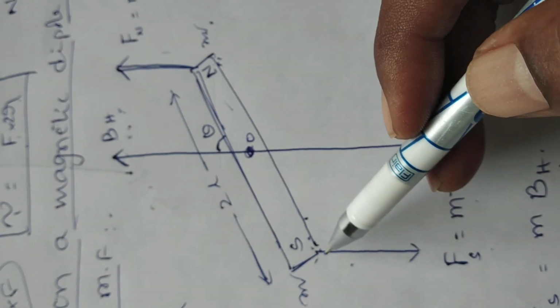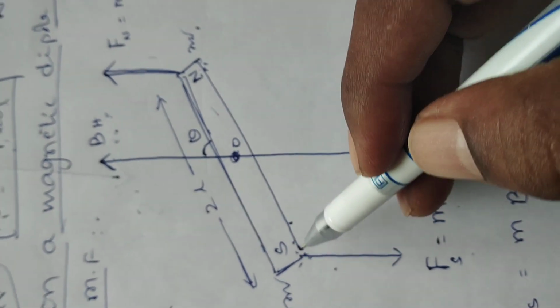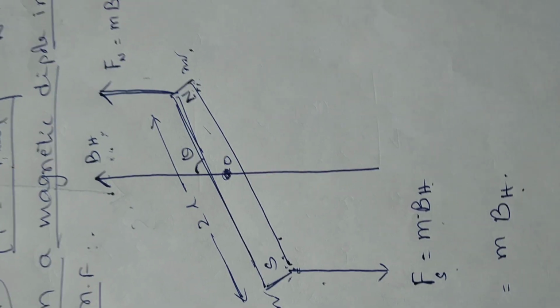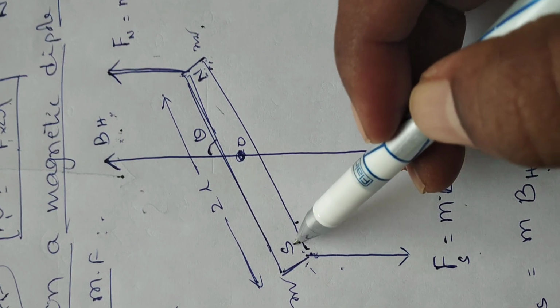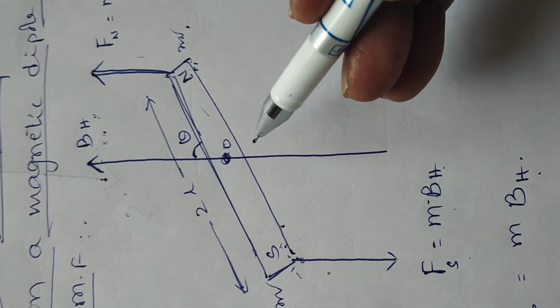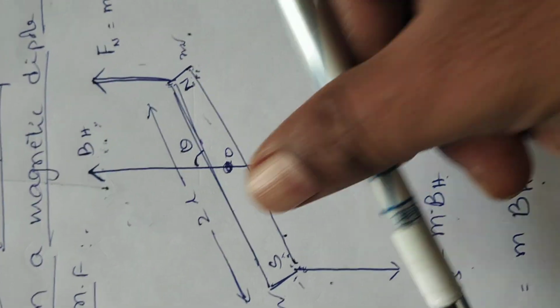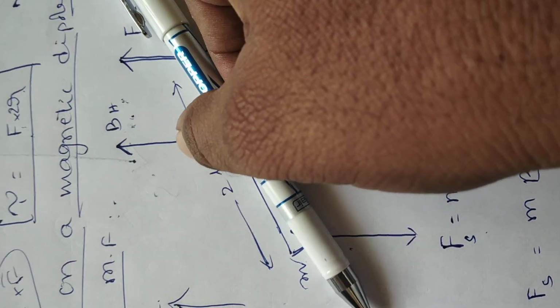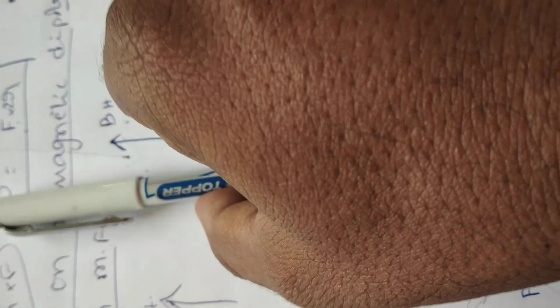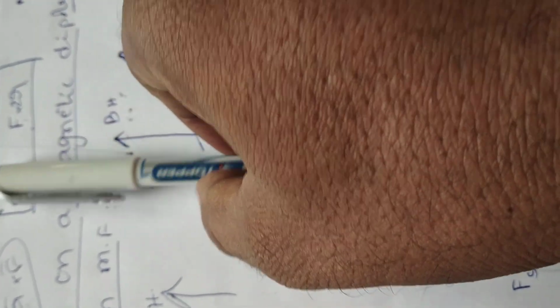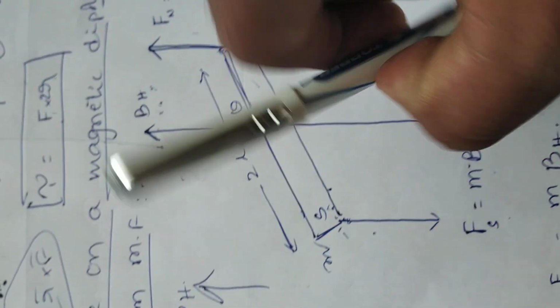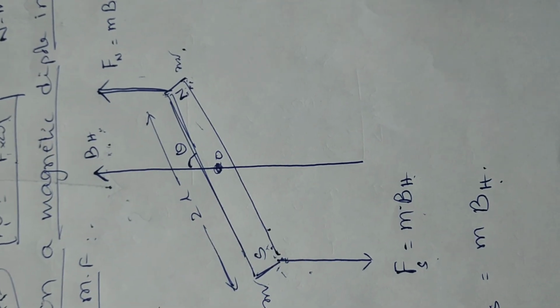They are equal and also unlike, that's why these two forces form a couple on the magnet. Due to these two forces, the dipole may rotate like this, it will try to rotate in the anti-clockwise direction.